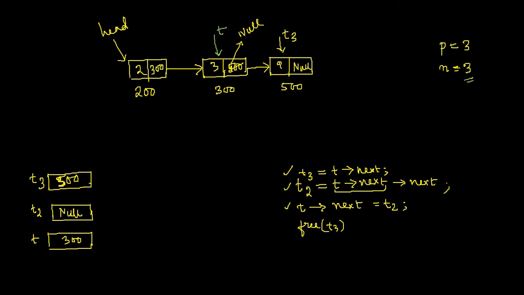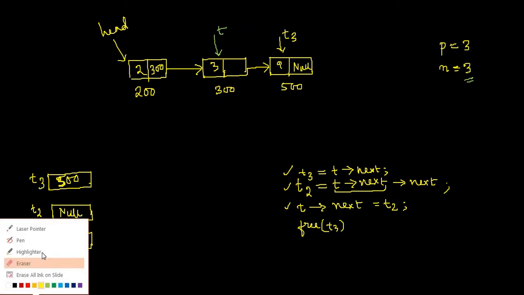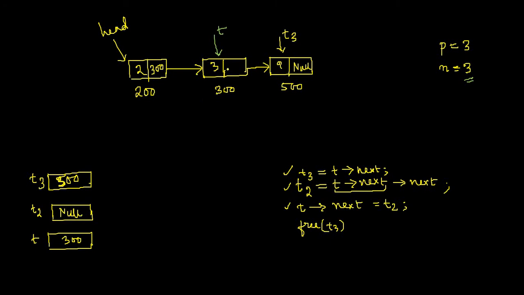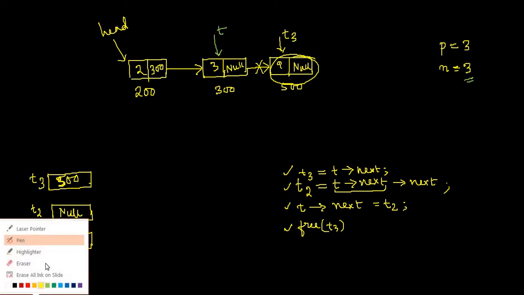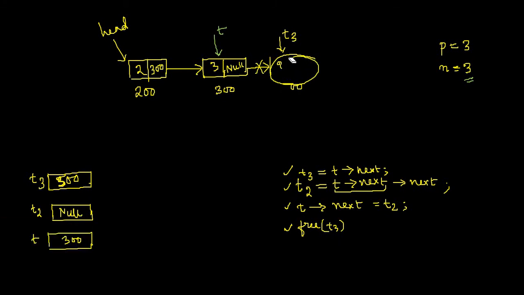This 500 will vanish from here, and this null will be stored here. As soon as null is stored, this connection vanishes. Now if free T3 executes, that means this entire memory location will vanish. So the entire memory address vanishes because of this free statement.